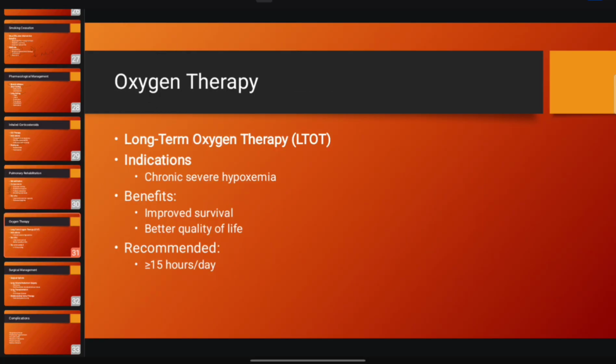In oxygen therapy, the long-term oxygen therapy indications include chronic severe hypoxemia. Benefits include improved survival and better quality of life. Recommended greater than 15 hours per day at least. For a patient with COPD, he should be prescribed long-term oxygen therapy for greater than 15 hours per day.